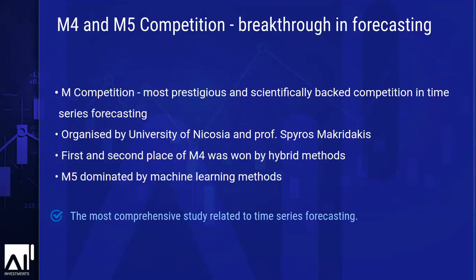Also, the second method was based on machine learning, so it showed that machine learning became the dominant way of time series forecasting, especially since the first method was better by about 10 percentage points than the statistical methods. So for that number of time series, 10 percentage points of accuracy more was a very important achievement.